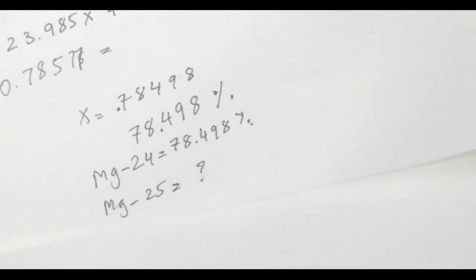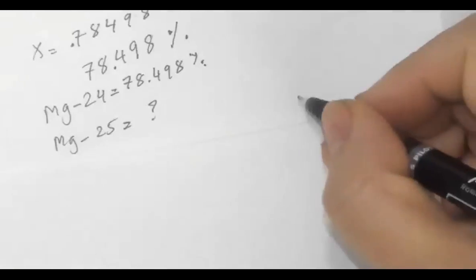Yep, there you go. So we should get, yep, that would be the percentage of that. No, you forgot magnesium 26. Remember, it doesn't just have 24 and 25. There's also 26.